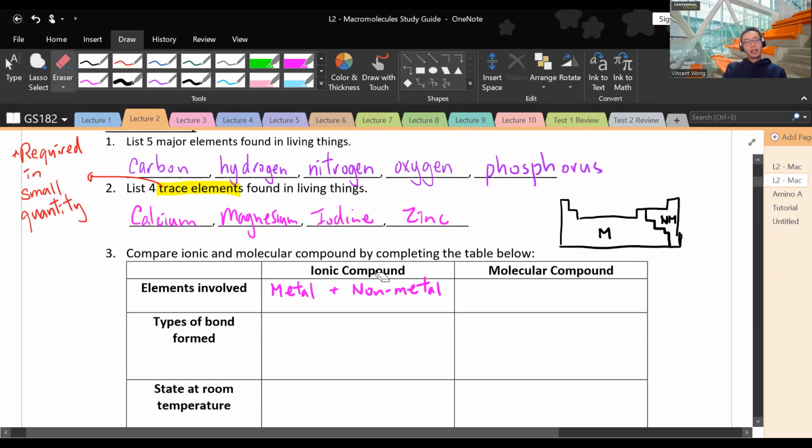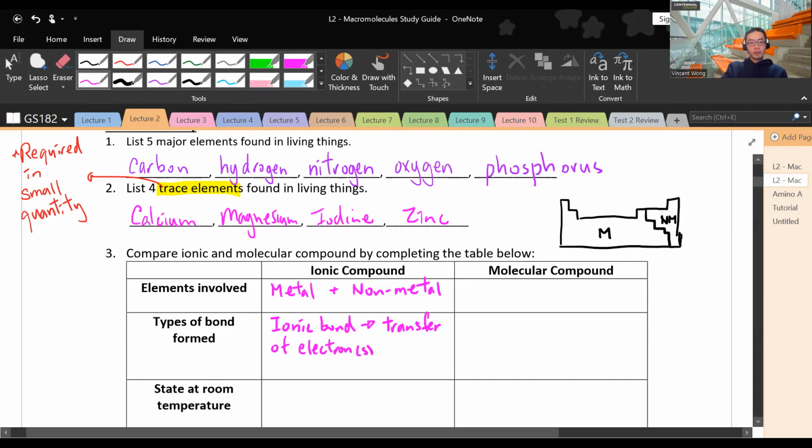So the ionic compound involves taking a metal and you combine it chemically with a non-metal. The type of bond that you form in ionic compound is called ionic bond, which involves the transfer of electron.